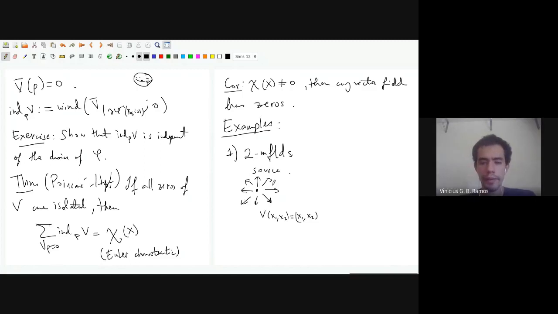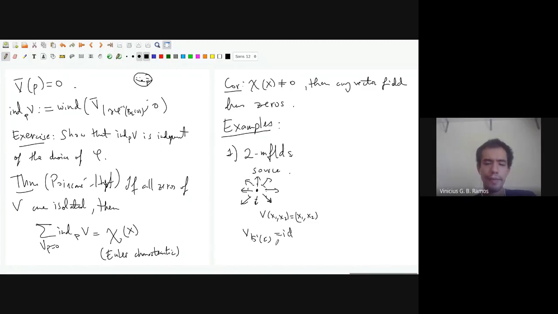So with a local model, now you just have to look at the winding number of V when you restrict to a circle like this. When you look at V restricted to a little circle of radius epsilon, this is basically the identity.